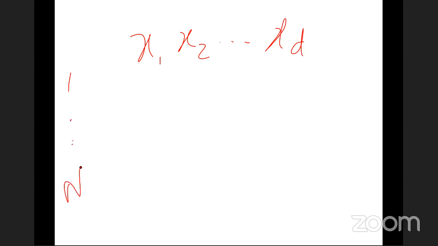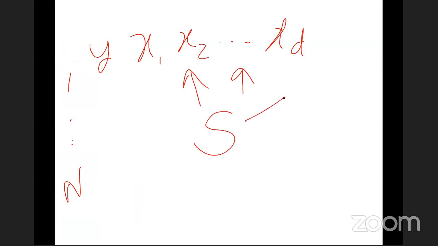I want to predict this variable y, y1 to yn. Now, I want to take some subset of these. Let's say I select two variables and I will call them subset S.